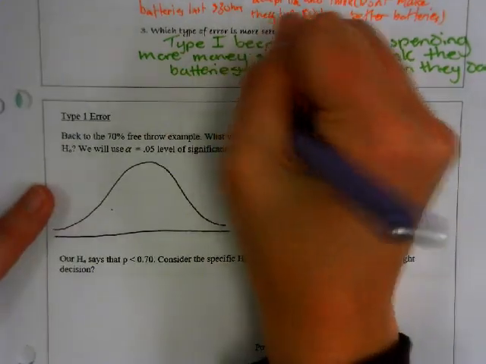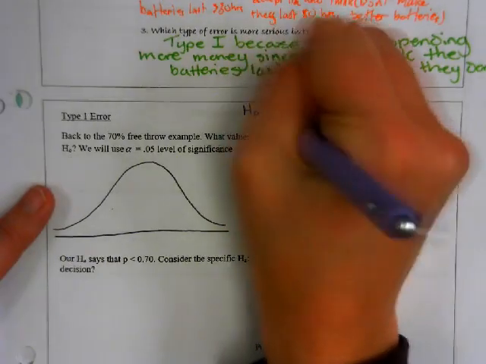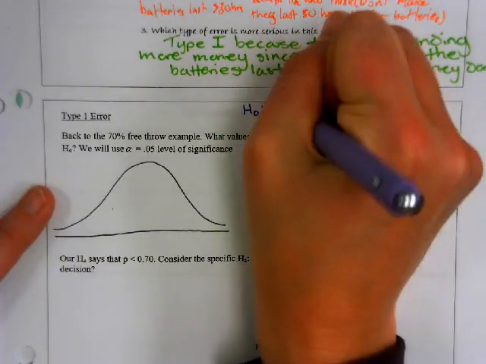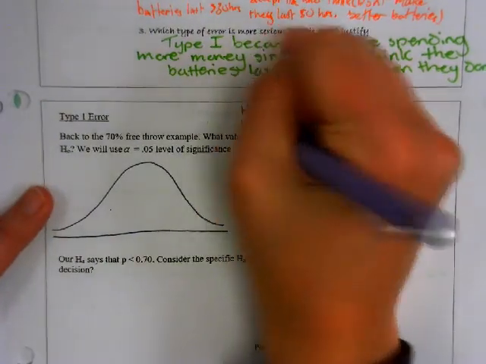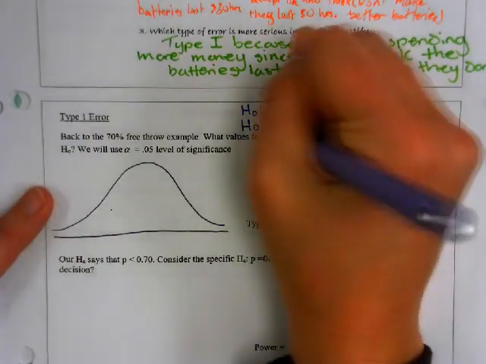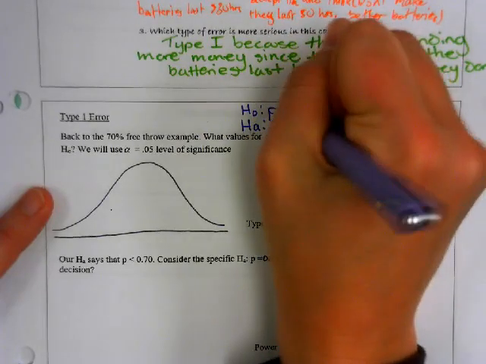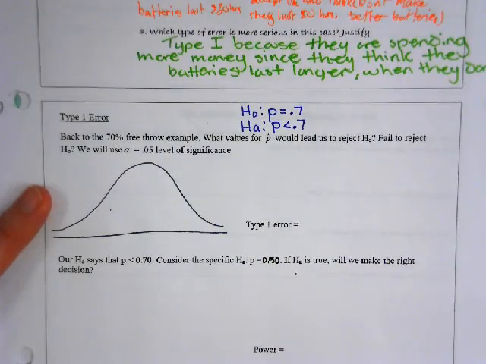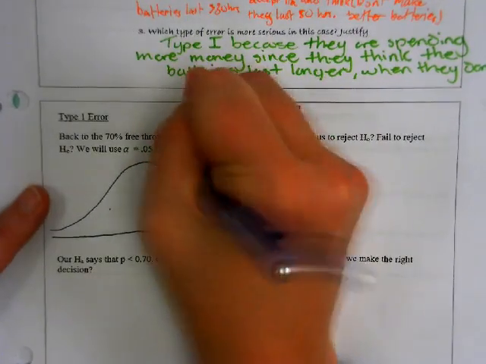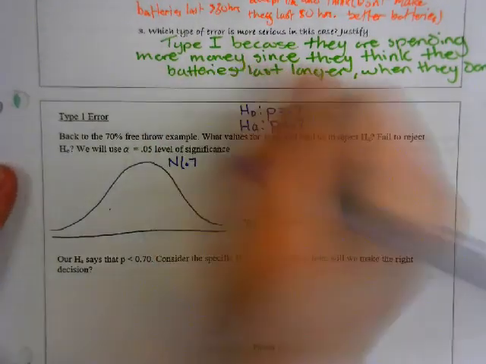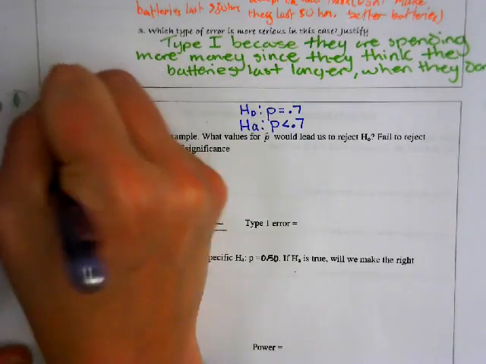HA was that she's less than a 70% free throw shooter. We assume the null is true, so this picture is assuming H0 is true. And we're going to find the p hat that's going to tell us to reject the null or fail to reject the null.